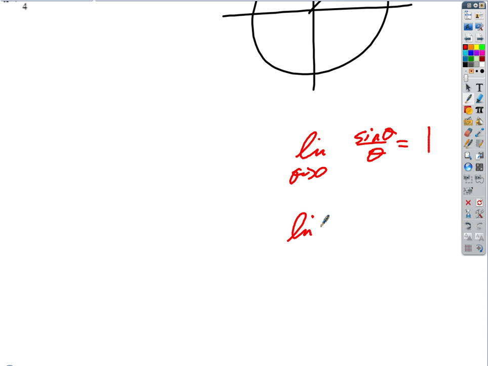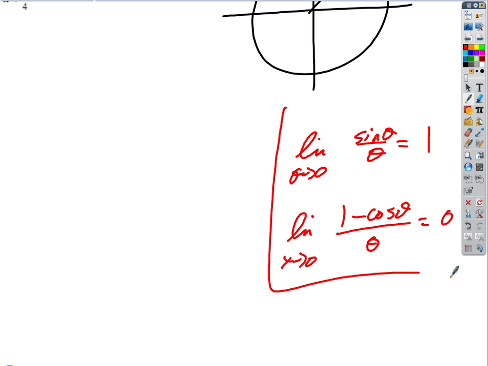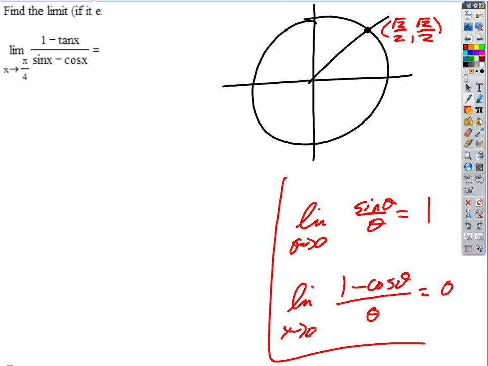And the other one, limit of 1 minus cosine theta over theta as theta approaches 0 is what? 0. Good. So those are the two special limits that we can rely on. But neither of those is going to work here because x, or theta or whatever our argument is, is not approaching 0. So what do we do instead?